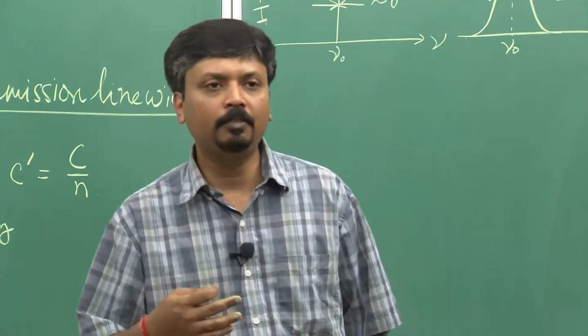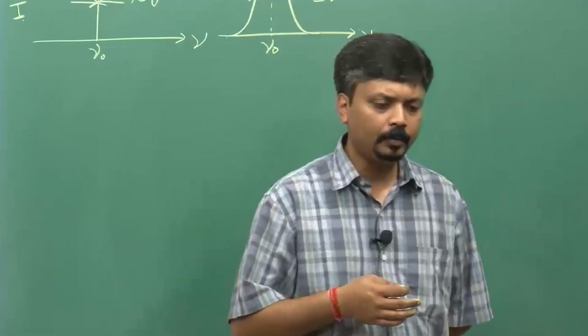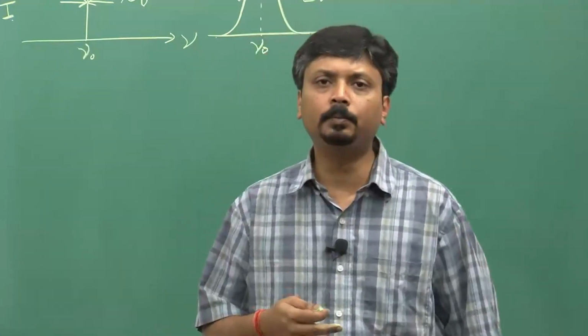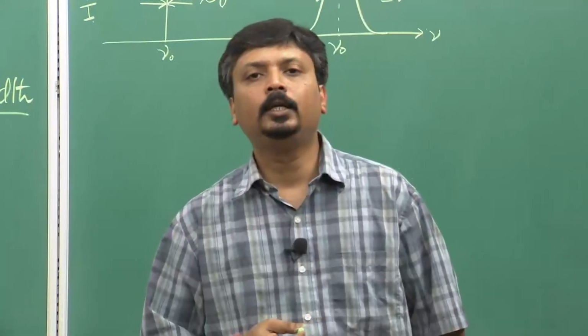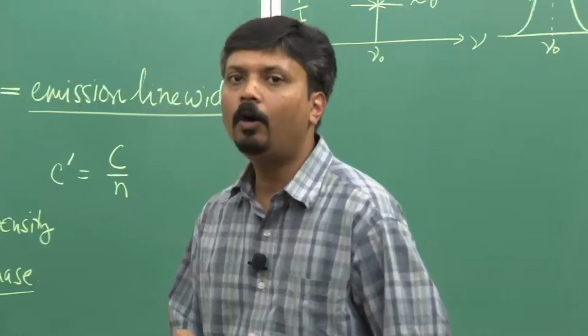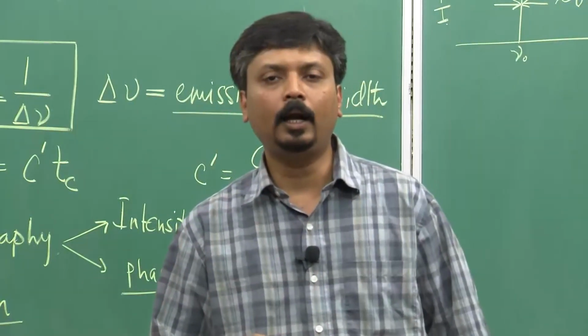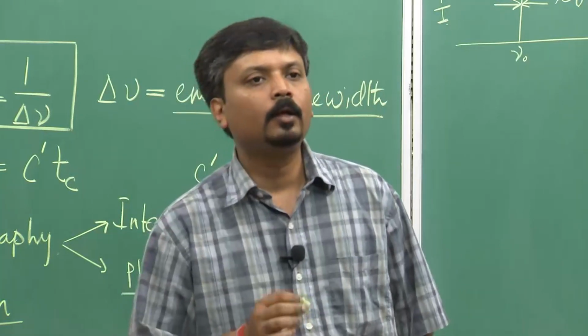So, what are the different reasons that you can have? You can have line broadening due to pressure inhomogeneity. You can have it due to the velocities of molecules in a system. There are other mechanisms also.